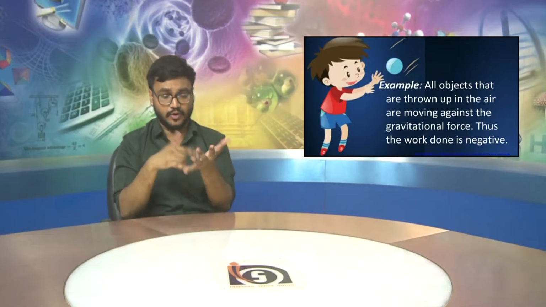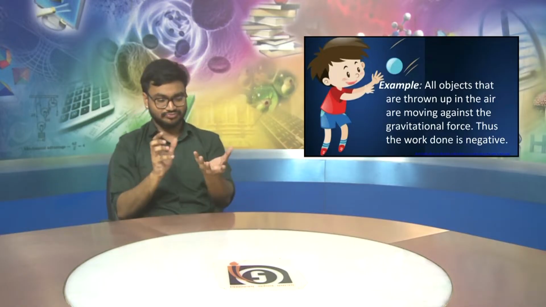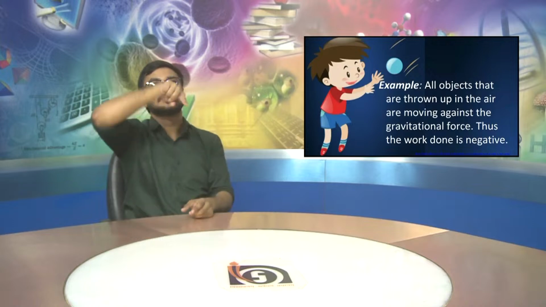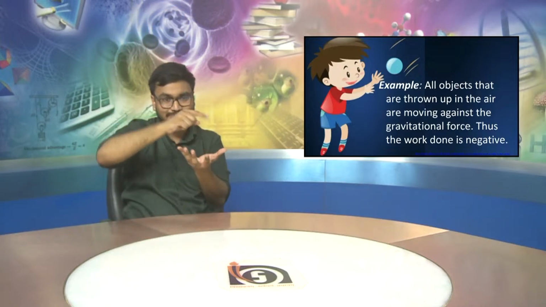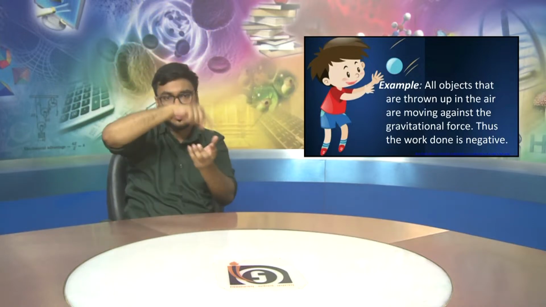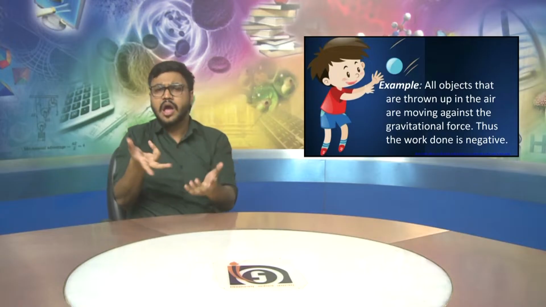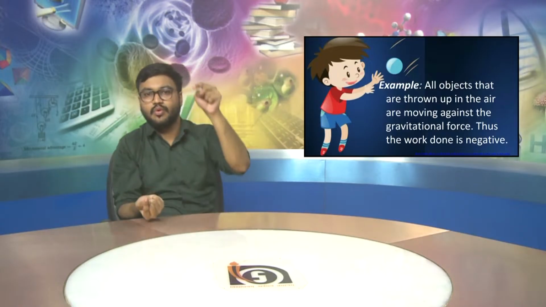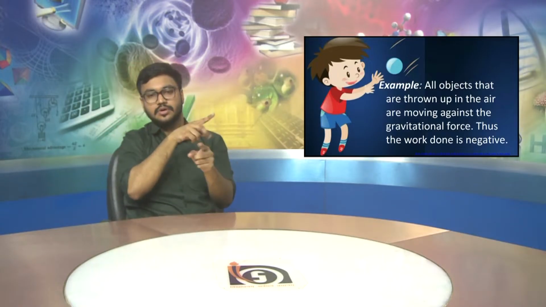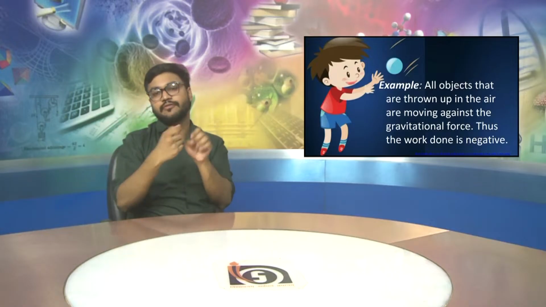And also, for better understanding, look at this example: all objects that are thrown up in the air are moving against the gravitational force. Thus, the work done is negative.